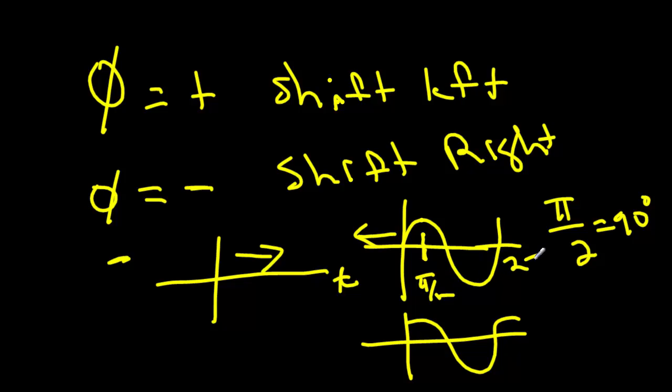Because one cycle is equal to 2 pi. This is equal to pi. So a shift of pi over 2 just moves this graph to the left by pi over 2. And if we wanted to continue it, it would look like that. That's just something that you'll need to know to answer some of these homeworks if you don't know already.